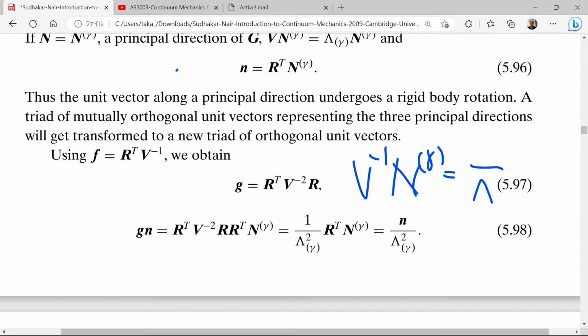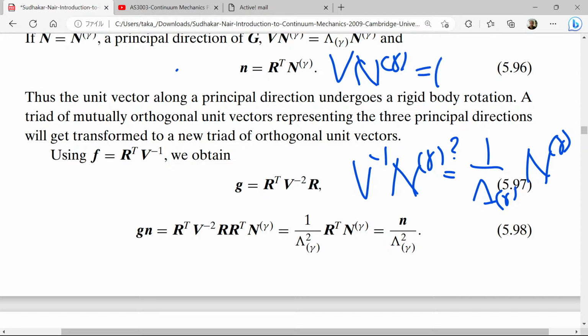Is it 1 over lambda gamma, with the same eigenvector gamma? So this is a question. Because what we have is V n gamma, for sure we have V n gamma equal lambda gamma n gamma.